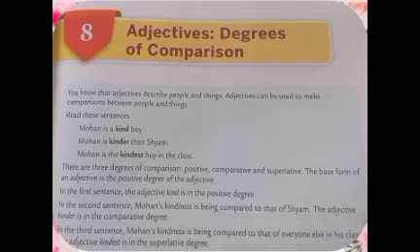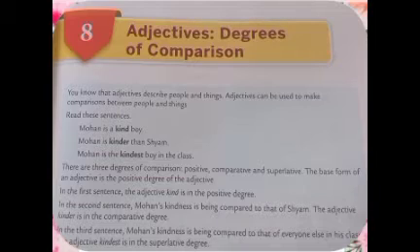So, the base form of adjective is the positive degree of adjective. What is a positive degree of adjective? Here in these sentences, the first one is the positive degree. That is, giving a statement. Mohan is a kind boy. What kind of boy is Mohan?